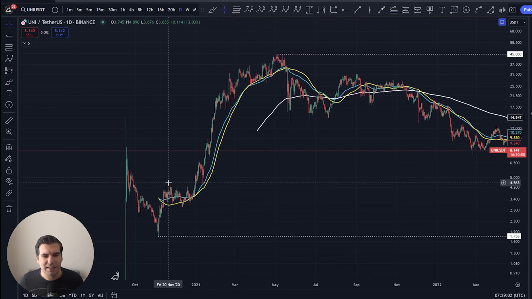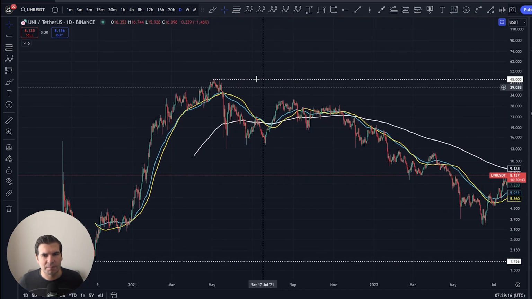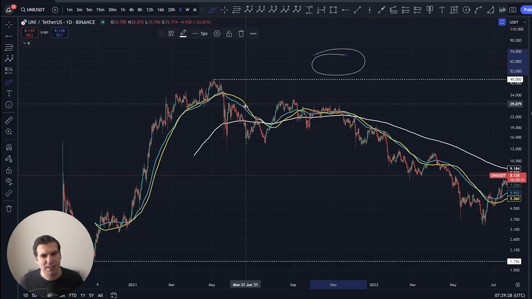How were the behaviors in there and what do they mean going further forward? Well, we can see here a very impulsive move, and impulsive means trend-based movements, to the upside from the lows of November 2020 up to those highs that we saw in May of 2021. Anyone familiar with the crypto market knows that the majority of cryptocurrency assets peaked in November 2021, whereas Uni did not.